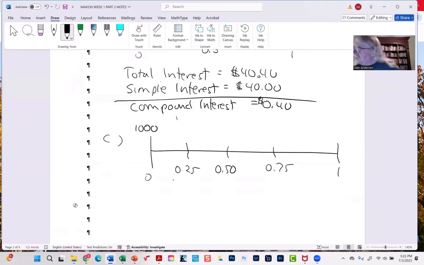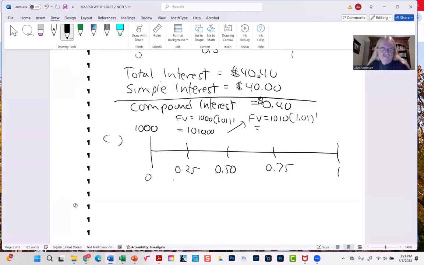So this future value will be 1,000, 1,010, and then here we're going to have 1,010 times 1.01 to the first power. And let's see what that gives us. $1,020.10.